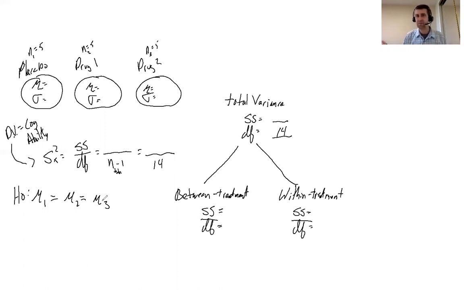I also can't do the null hypothesis test that we did for an independent or dependent samples t-test. I can't say that, for example, population mean 1 minus population mean 2 minus population mean 3 is equal to 0. I can't say those values are equal to 0, because if they were all some non-zero number, it would return a negative value.